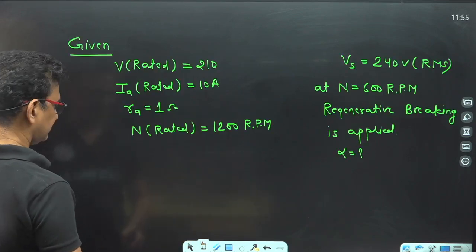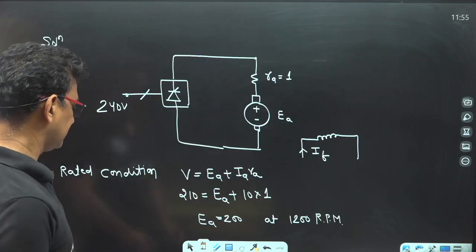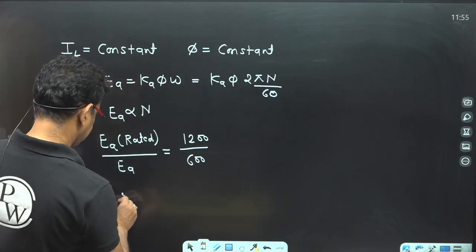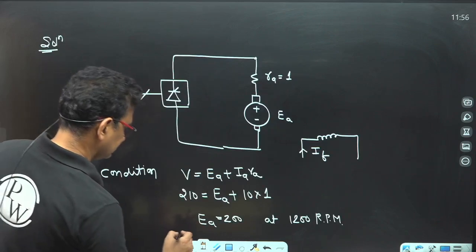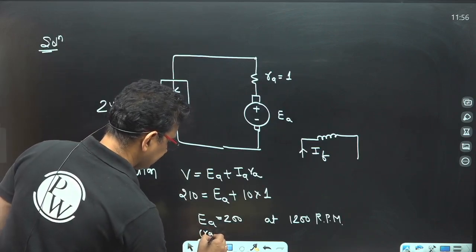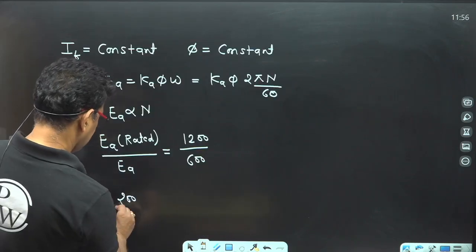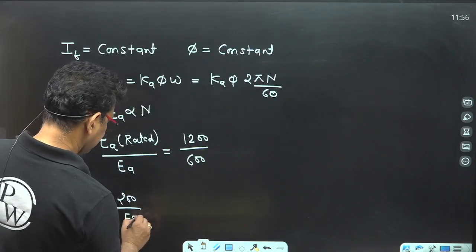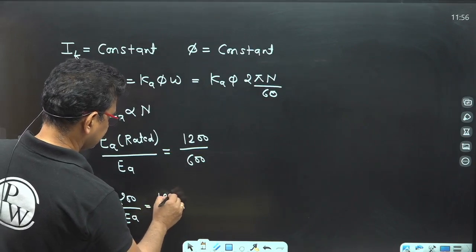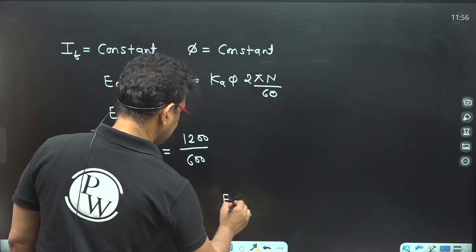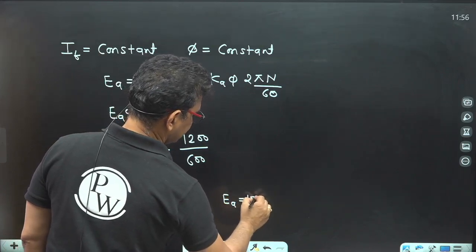In the rated condition, the induced EMF is 200. Now, when the motor is running at 600 rpm, at that moment the induced EMF is 100 volt.